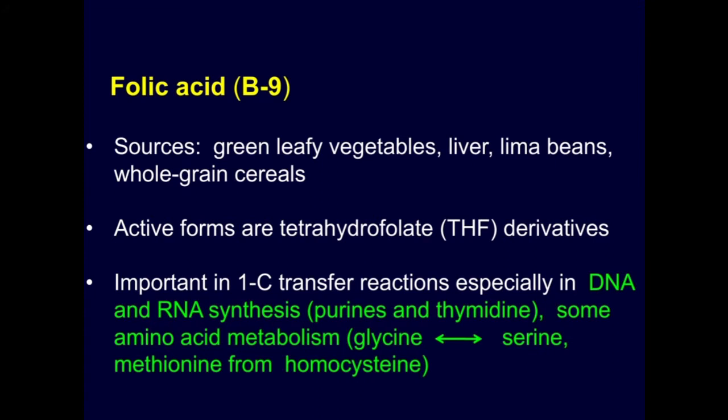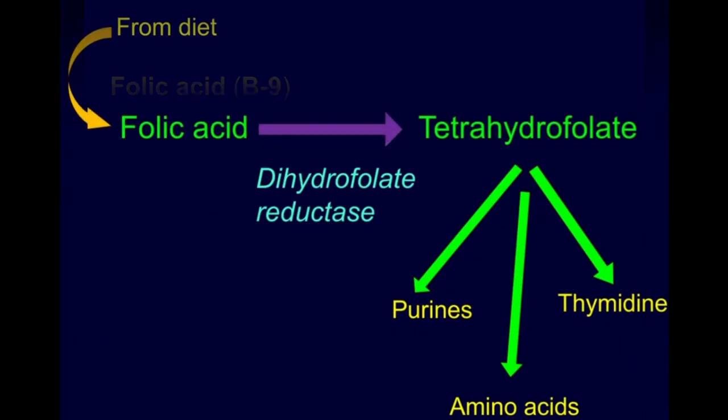And I just want to show you that folic acid is what we get from the diet. It's a vitamin. That means we cannot make it. So we get folic acid from the diet. We have one enzyme that will convert it to the active form, and the active form of folic acid is called tetrahydrofolate.